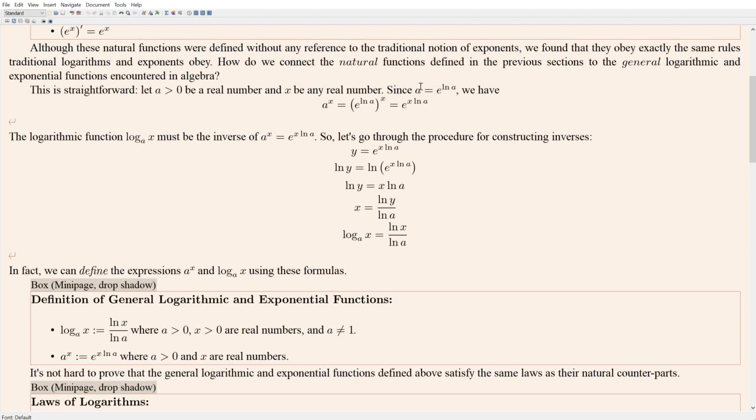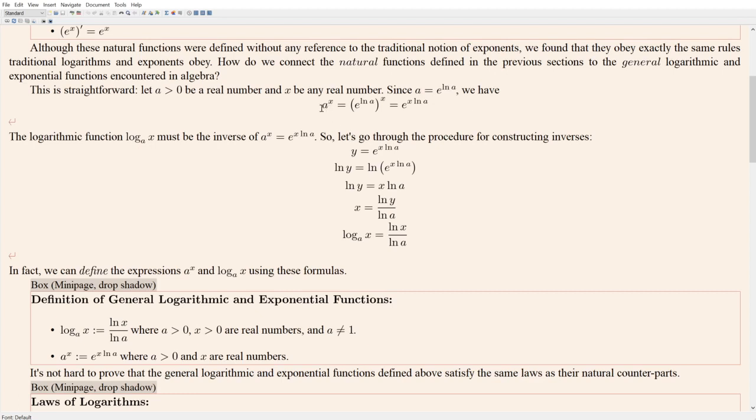This is true: a is equal to e to the power natural log a. Why is that the case? Well, because natural log and the exponential function are inverses of each other. So e and natural log cancel each other. So this is a perfectly valid expression.